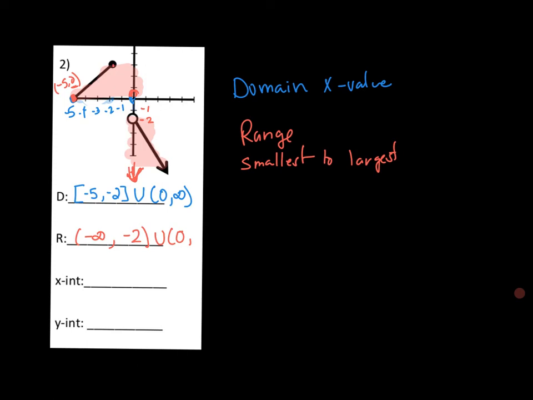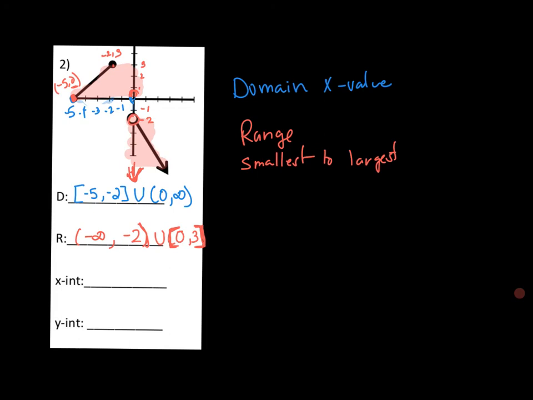And this point here looks like it is (-2, 3). So we'll go all the way up to 3 and including 3. Because it is including both of those, I need to make sure that I have my square brackets on both sides. The reason that -2 gets a parenthesis is because this is an open circle around the -2.